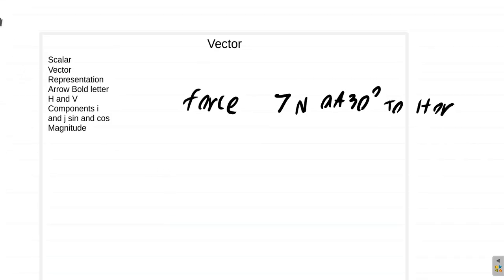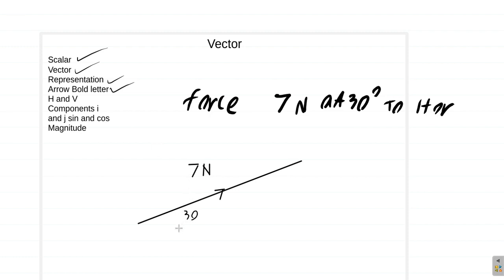Now, we want to look at horizontal and vertical components. H and V components are really horizontal and vertical components of a vector. Suppose you have this vector, 7 newtons, 30 degrees to the horizontal.